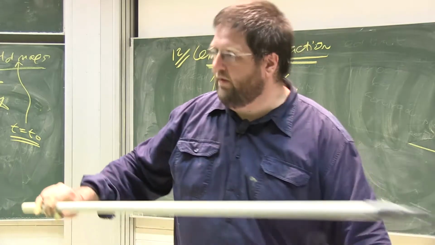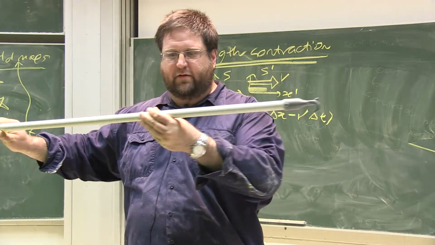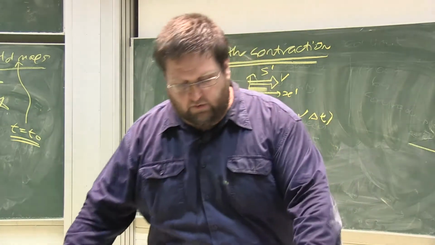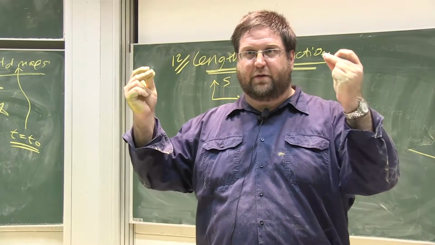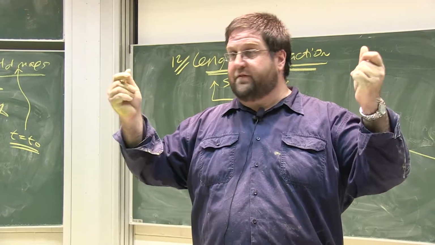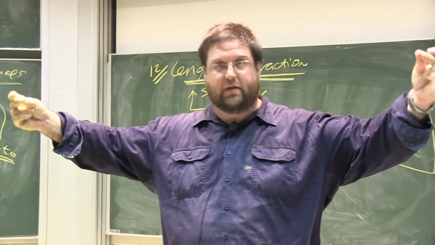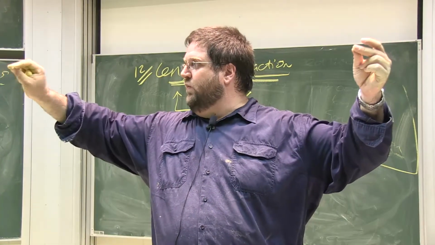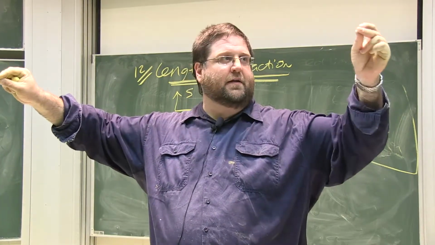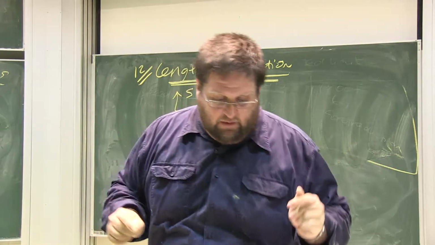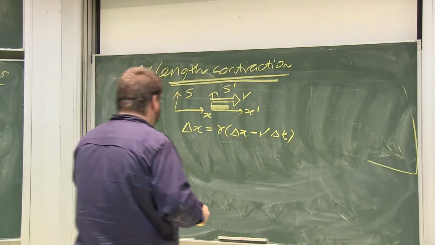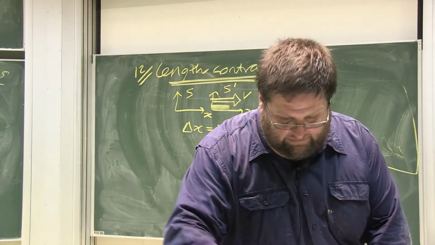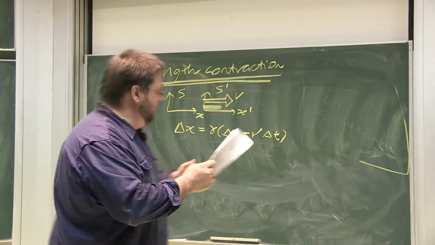S is clever. S knows that for a flying ruler, in order to measure its length, imagine the ruler's flying past you, you're going to need to click simultaneously at each end of the flying ruler. So as the ruler flies past, when one end of the ruler touches this hand, the other end touches this hand, and I click simultaneously, and I'll have two events which are simultaneous according to S, and that's how I'm going to measure in S the flying ruler.